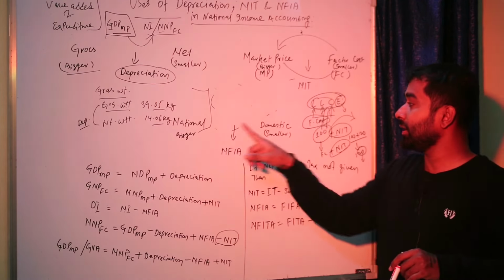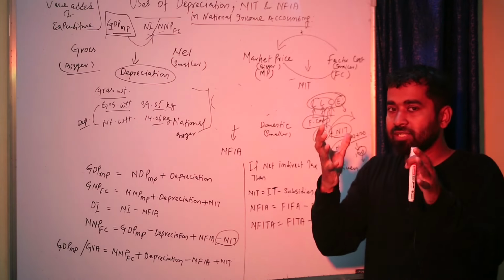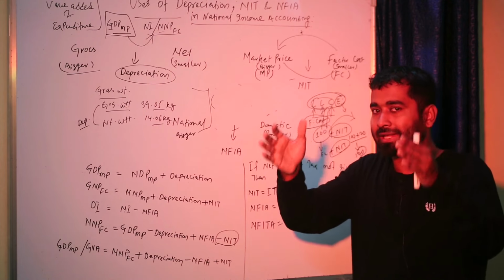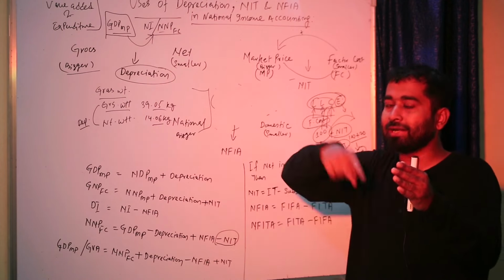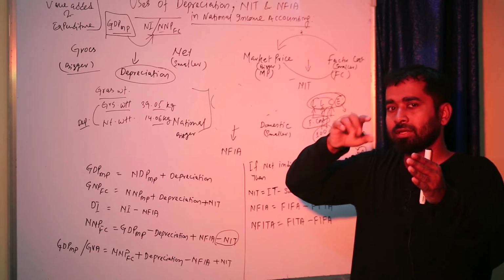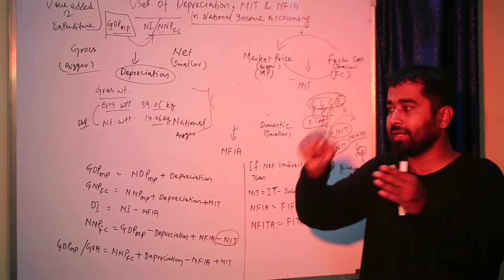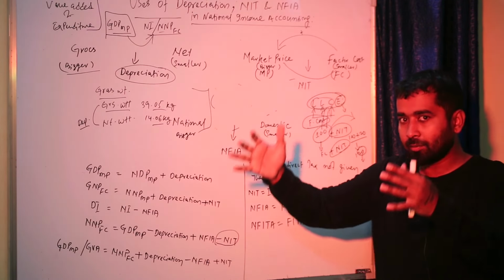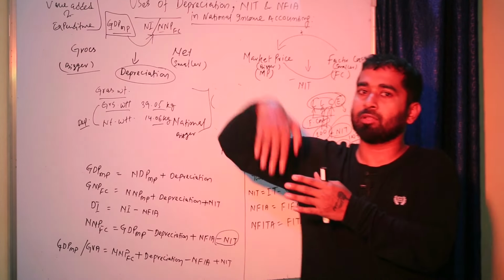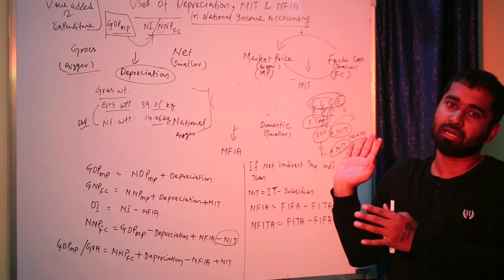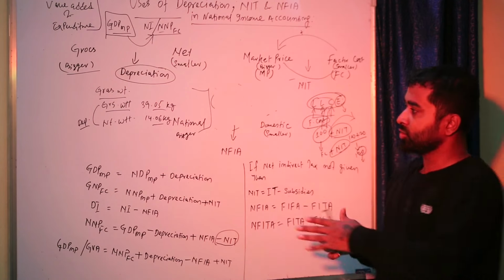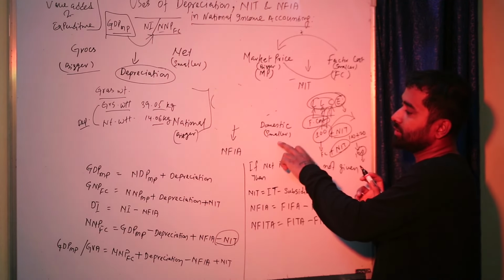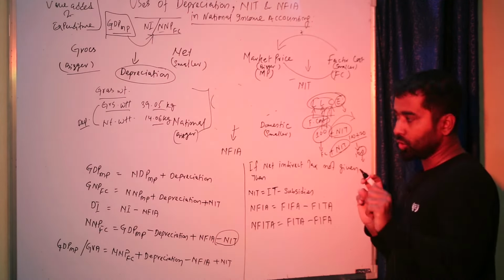Say the national income and domestic income. What is the definition we have seen? Domestic income is the sum total of the market value of all goods and services within the domestic territory. National income is the same thing within the territory as well as the income earned from outside. That means national income has the domestic income, plus the outside income also coming and adding to it. So national income is the bigger one and domestic income is the smaller one.